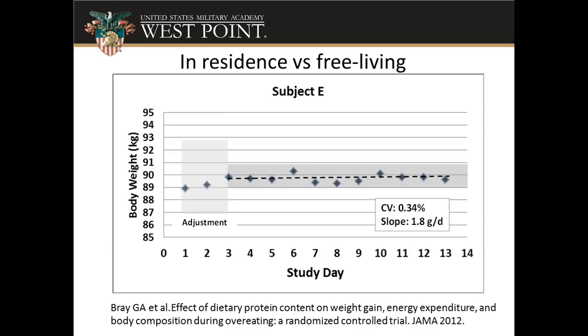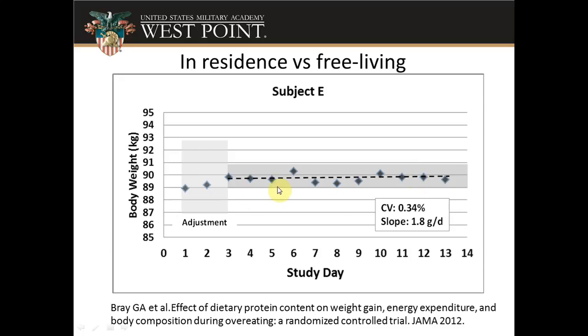Individuals went through a period they called a run-in period, where their intake was adjusted for their body weight. This was the adjustment period right here. And then over here, in this run-in period, you see that individuals are titrated to meals.